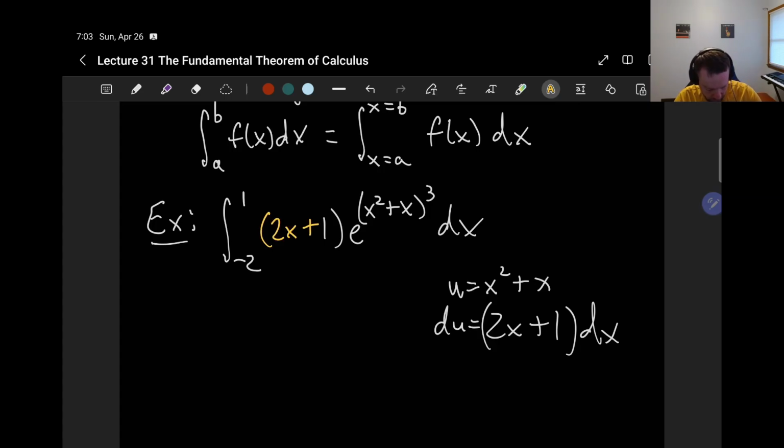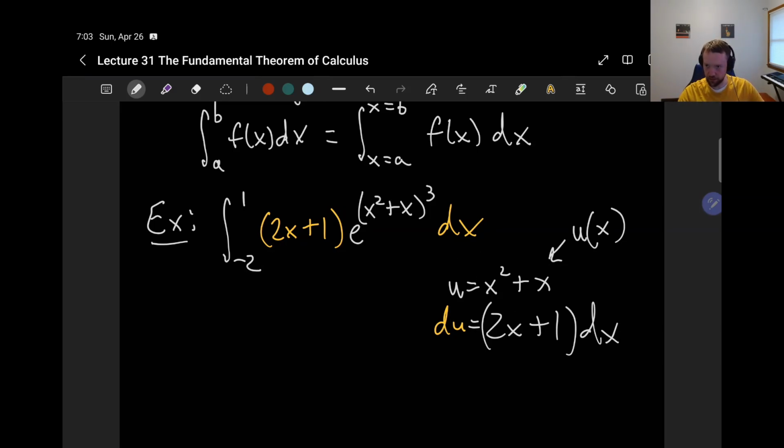Right, if I highlight that part, that is du. So this e part will transform into e to the u cubed. I want to think of u as a function of x. I mean, it plainly is, right? U depends on x here.